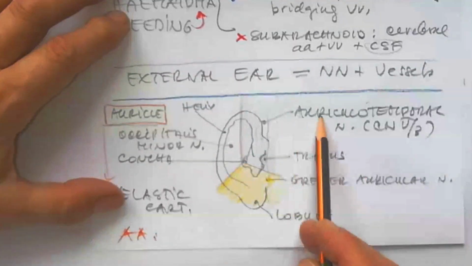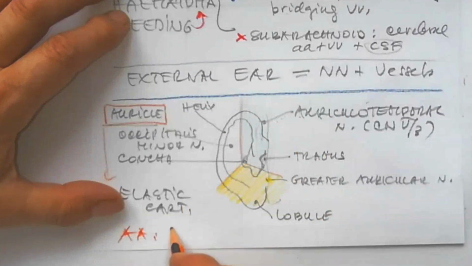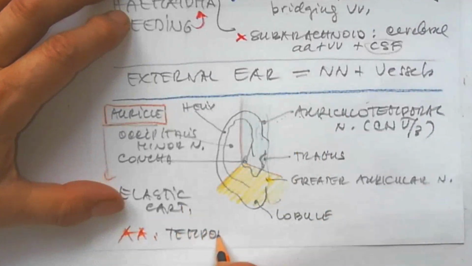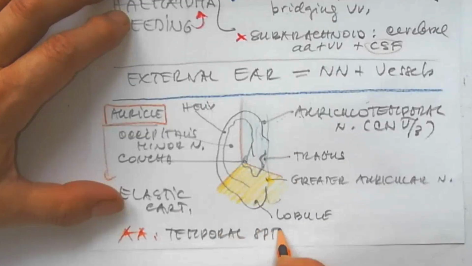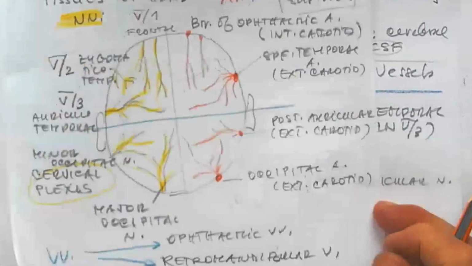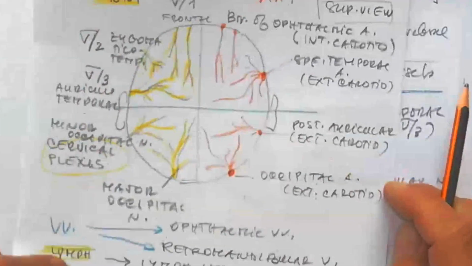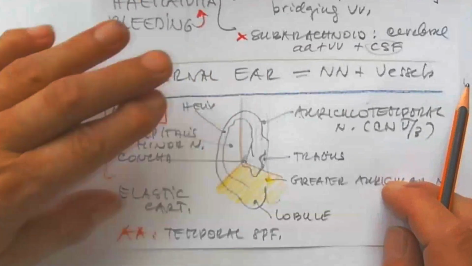Logically, artery which runs together with the auriculotemporal, so we call it superficial temporal. We remember the superficial temporal artery is the main artery supplying the lateral part of the whole head, including the scalp. So superficial temporal.